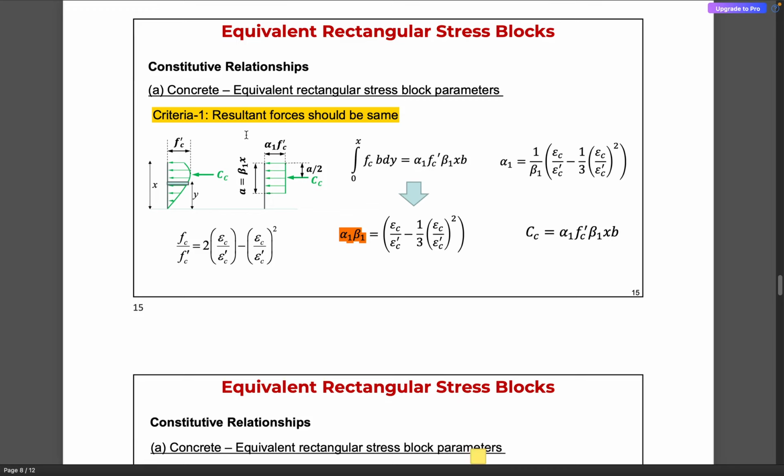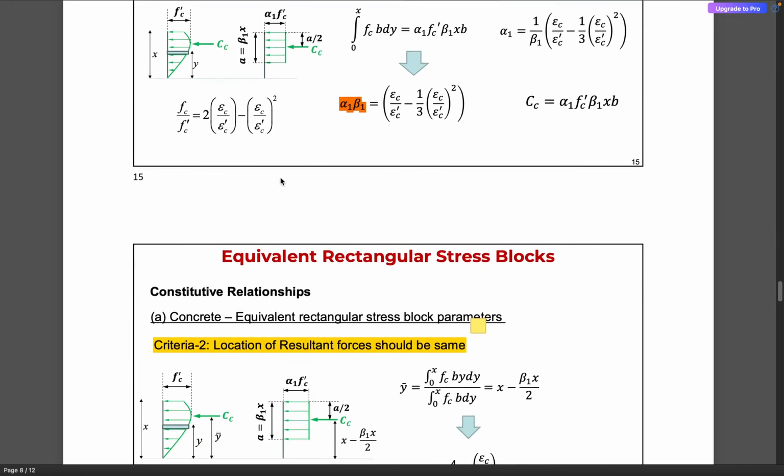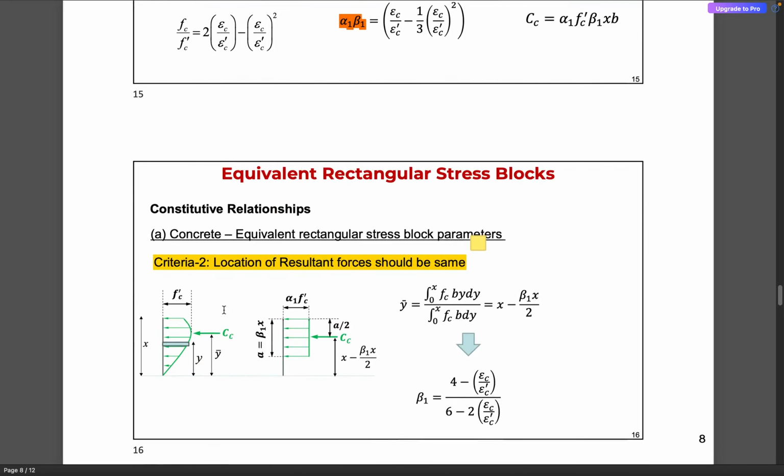Criterion one is that the resultant forces should be the same within this parabolic stress block and this particular rectangular stress block, and the second criterion would be that the location of the resultant forces has to be the same, that is the value of Cc, the resultant of this force which is at this particular height, has to match with the distance of this particular resultant force.